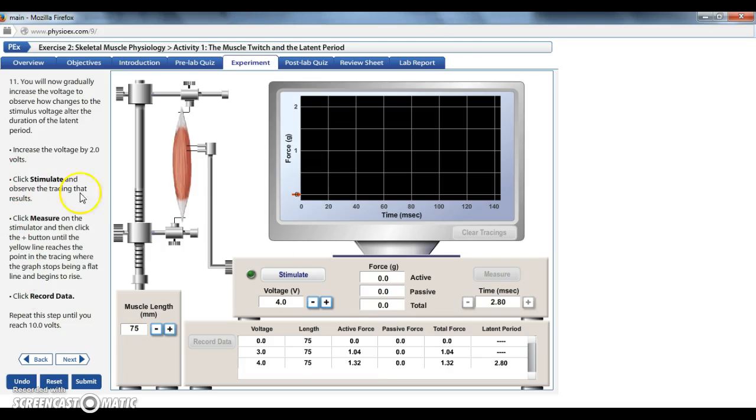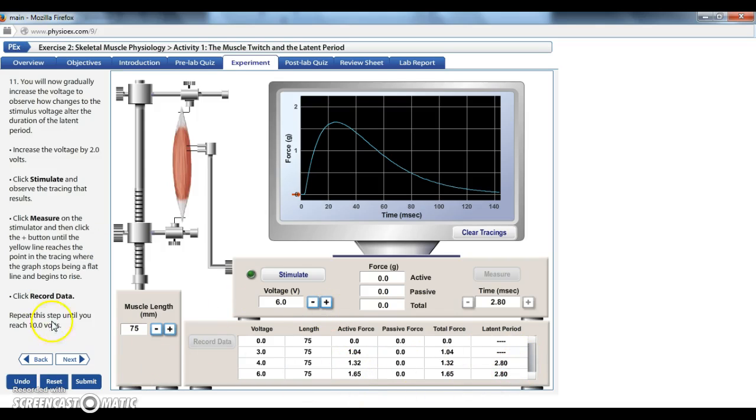Then increase the voltage by 2, so you would go up to 6, stimulate, measure, move it to where it, sometimes it's hard to tell, it's right there, record data. Okay, so then 6, 1.65, and 2.8.